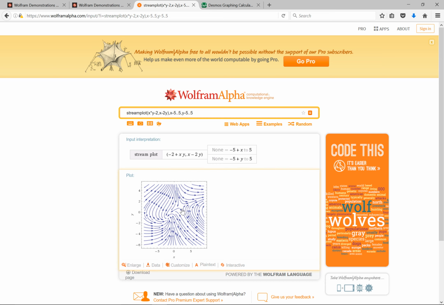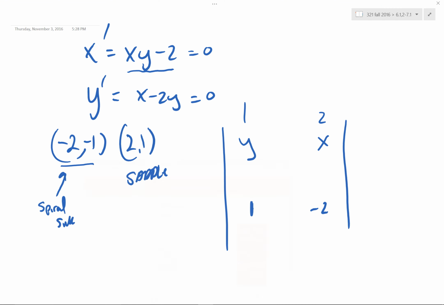Oh, baby! Saddle. Saddle, do you see it? Look at it. And there's my spiral sink. Nice. Just like we said it should be.